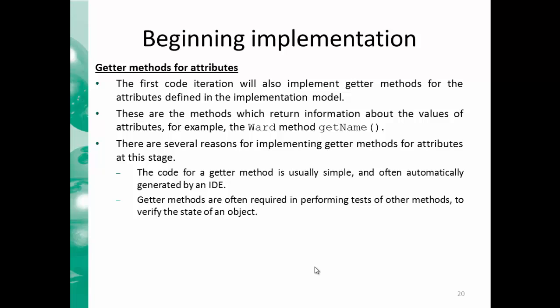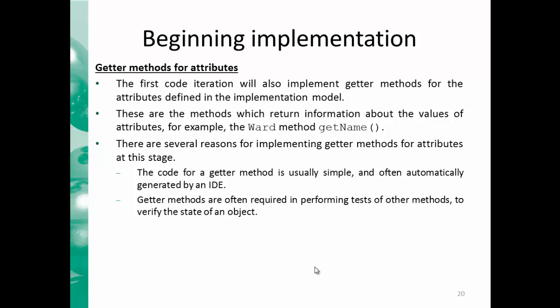Now, after implementing the attributes and the constructors, we need in the first iteration to implement the getter methods. These methods return information about the values of the attributes, for example, name of the patient, name of the ward, and all other attributes in the class.